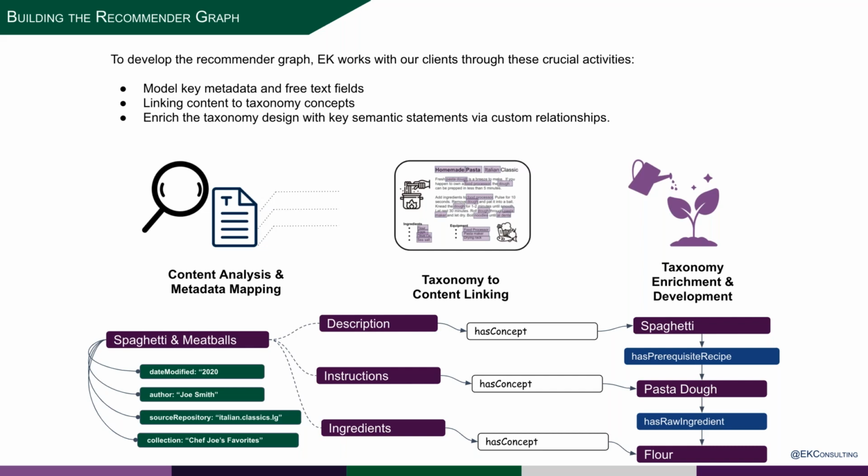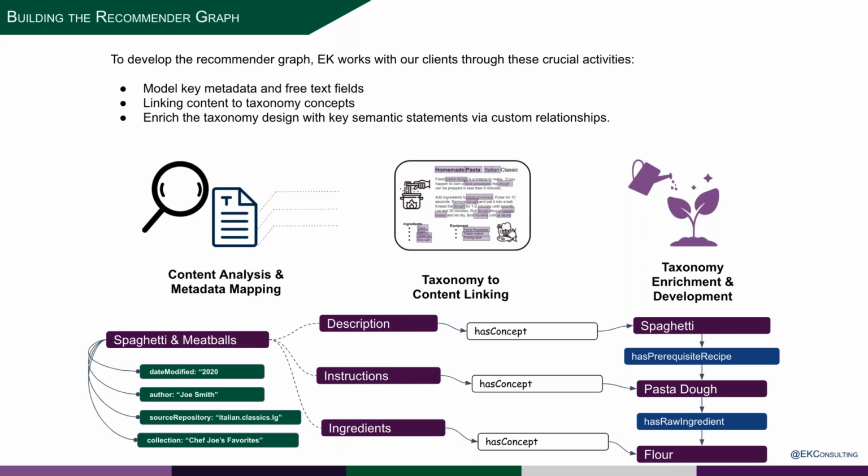And again, this is meant to be generalizable, right? So spaghetti is a type of food, and foods can have relationships to other foods. They can have prerequisite recipe relationships. Foods can have relationships to ingredients, and so it's these kinds of facts that we're trying to build up in our knowledge graph, and trying to take the different concepts in our taxonomy and make them a little bit more rich.